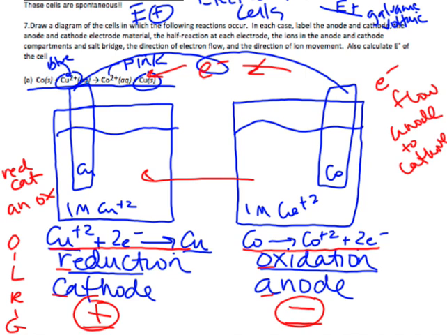So what's happening then is your cobalt solid is losing electrons and turning into cobalt plus 2. So what's happening to this anode physically? It's degrading. It's shrinking. How do you remember? Anodes always shrink because they're anorexic.